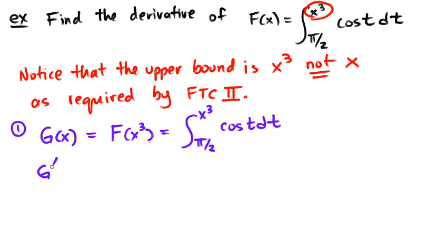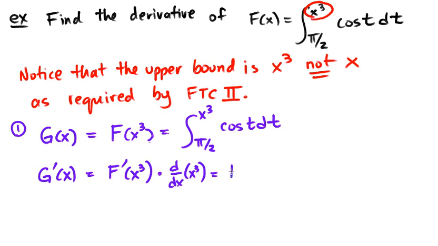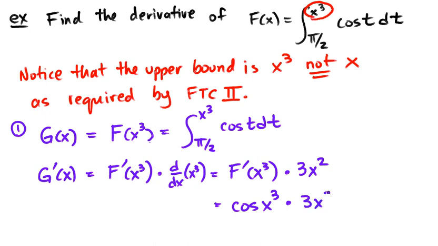And if I were to take the derivative of g of x, I get the derivative of x cubed, but now I have to take the derivative of the x cubed part as well. So I have to multiply this by the derivative of x cubed, and that tells me that I'm actually multiplying by 3x squared. So now when I evaluate f prime with the x cubed in there, yeah, I get cos x cubed, but I also get 3x squared that's multiplied by it.